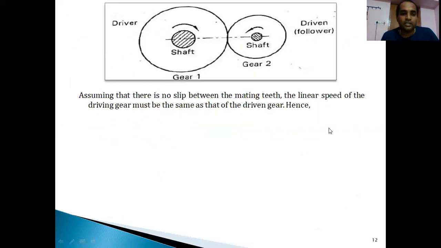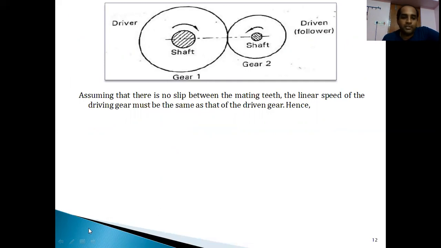Now, as I told you, we are not using any belts, so automatically there is no slip, which means the slip factor is absent here. So when there is no slip, then between the mating teeth, the linear speed of the driving gear at the meeting point will be the same linear speed of the driven gear also.